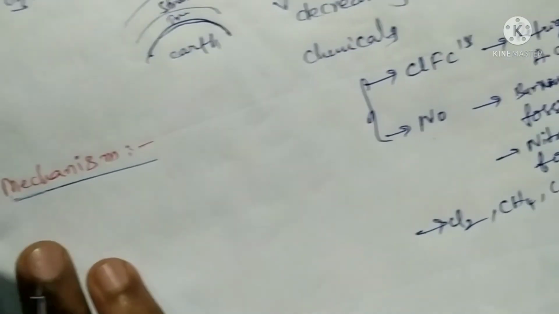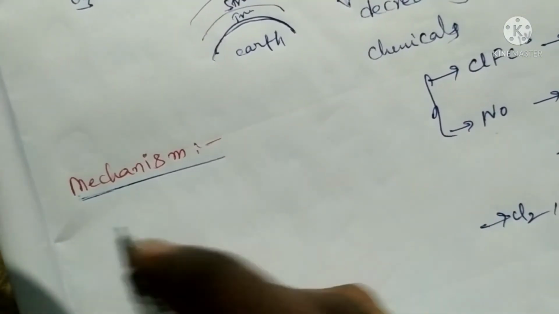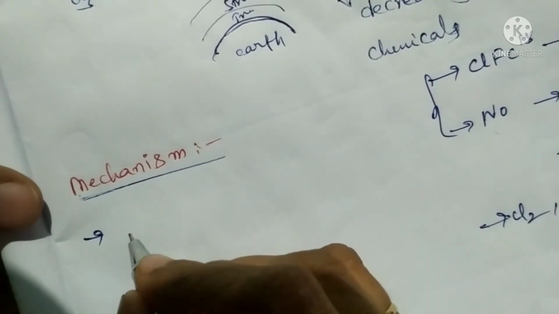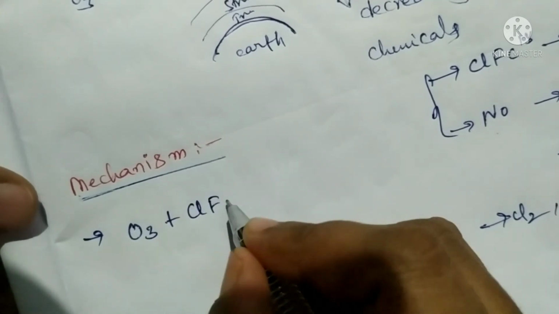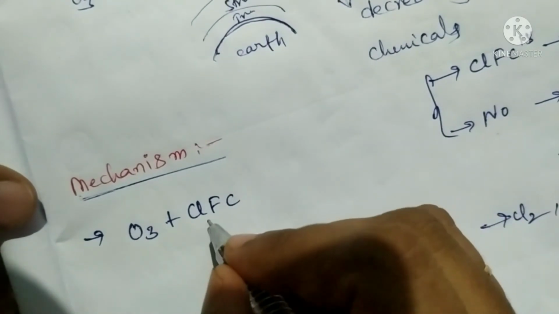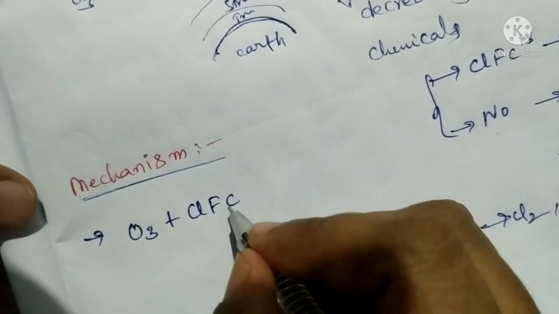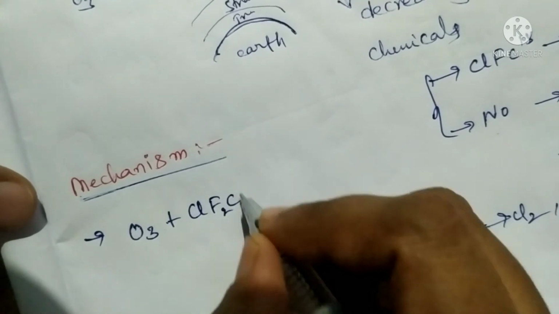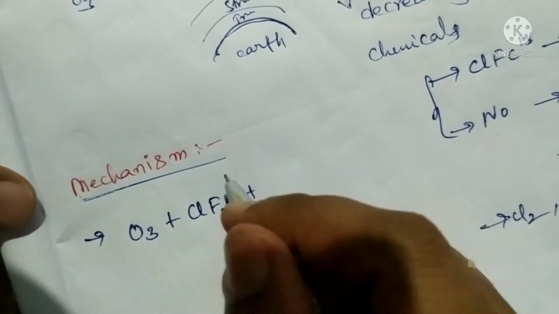Let us see the mechanism of ozone layer depletion. First see the chlorofluorocarbons. The chlorofluorocarbon, CHClF2, reacts with ozone.